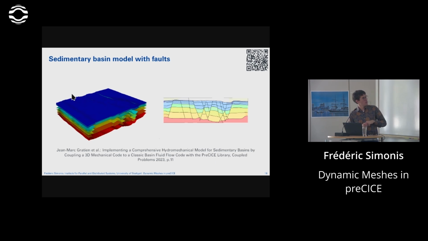And what's also interesting here is that you have geometric events, geological events, where you deposit additional sands on top. So this is a mixture of a shrinking and growing mesh case. And so he hacked around our current implementation in preCICE, and he's now trying to port this to the new version of preCICE to see if this works.